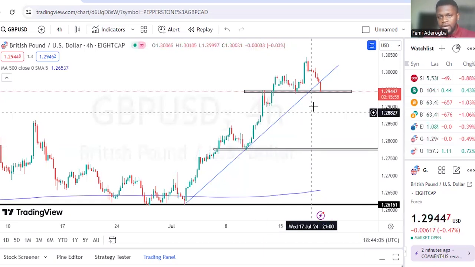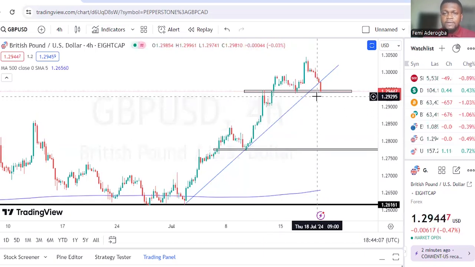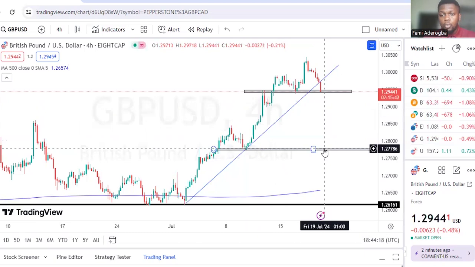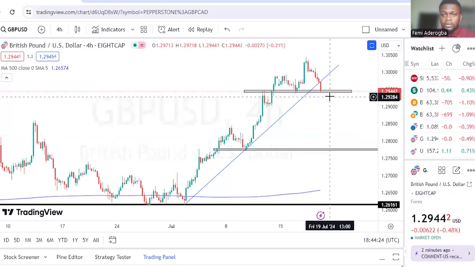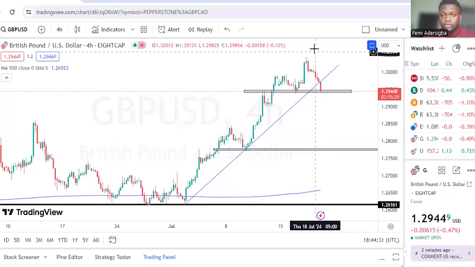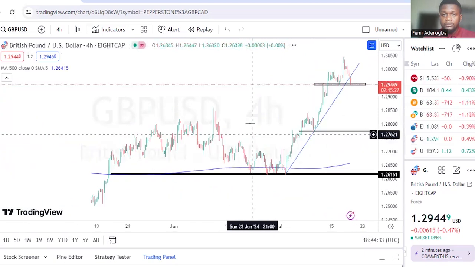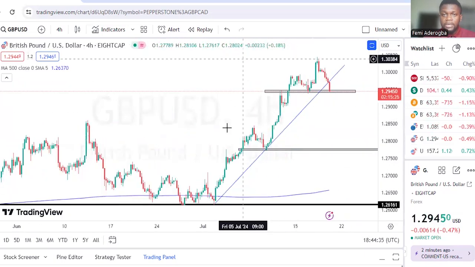So because of that, if I have to give you a signal, I will say sell the market at 1.29300 or 330, then take the profit at 1.27800. Then put your stop loss at 1.30800.